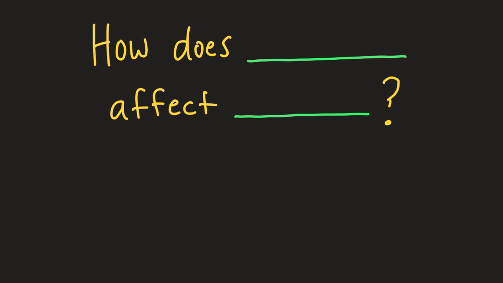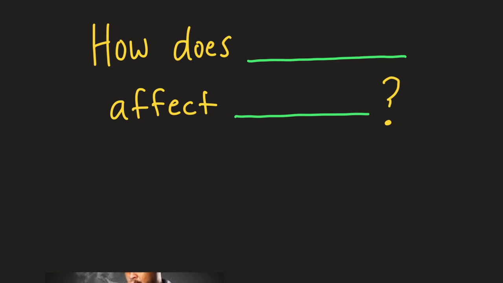Okay. So now I'm going to bring up our question format from step 2 of the scientific method, which is asking a question. Once we have this question, we can easily create a hypothesis from it. So let's think of an example that we can create a question from.